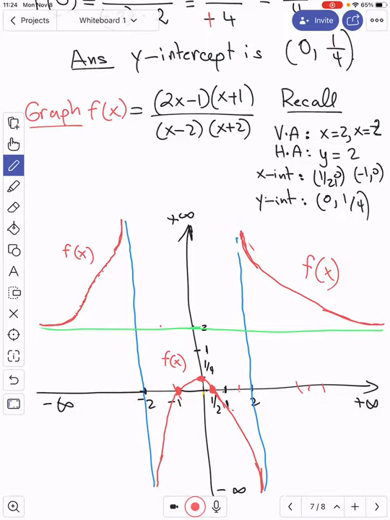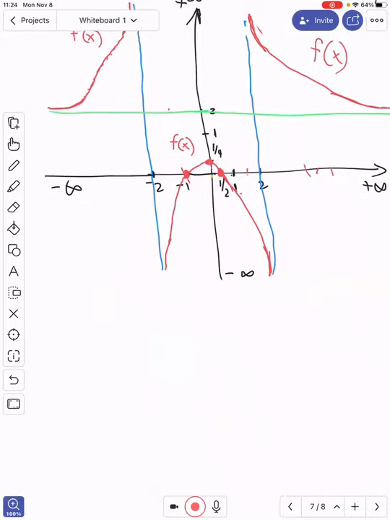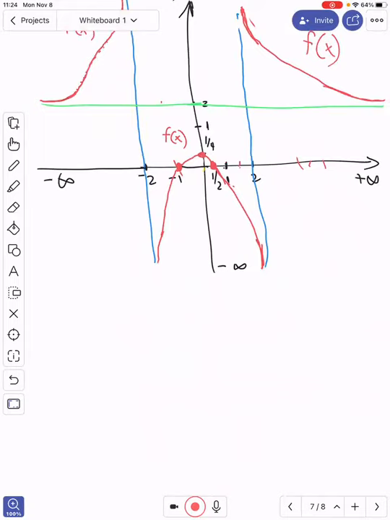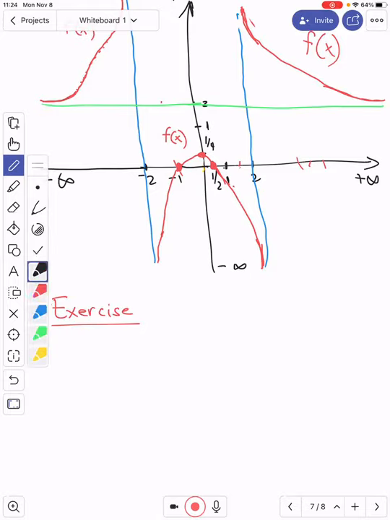Well, you know what? Let's do a couple of exercises, right? So I'm going to give you some time to try at least to graph one rational function. So here's an exercise. All right. So here's my function f.